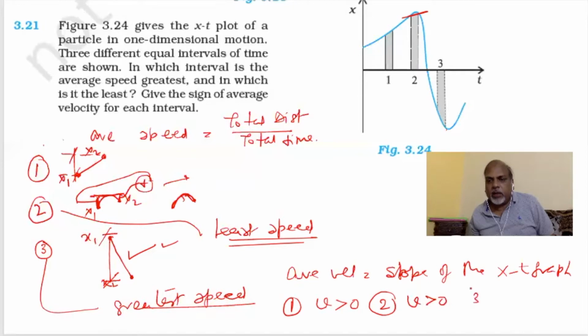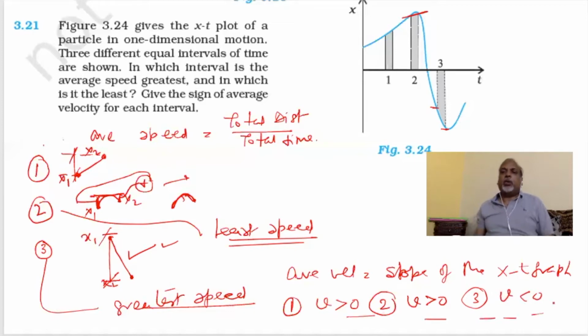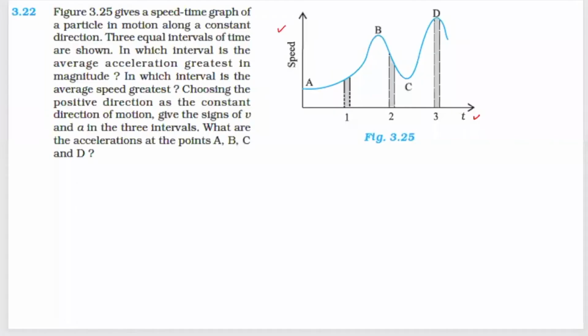And in case of 3, it is obviously a negative slope because this is x1, this is x2, but on the negative side this x2 is more, so naturally v will be negative. So this is the answer. I hope you understood this question.